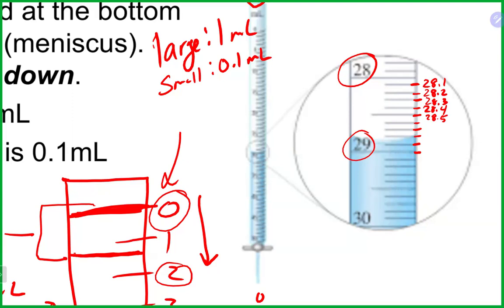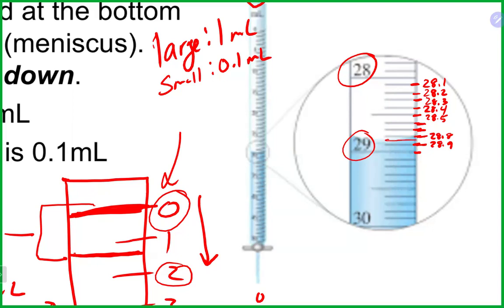So you definitely want to make sure you're reading it the correct way in this particular case. And that would mean 28.6 here, 28.7, 28.8, and 28.9. There, 28.8. So to me, the meniscus is in this ballpark.